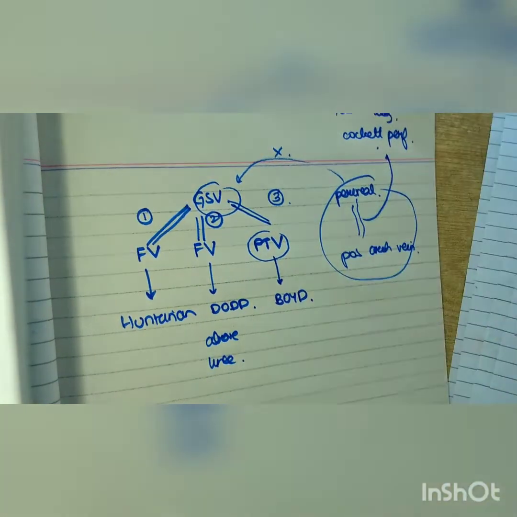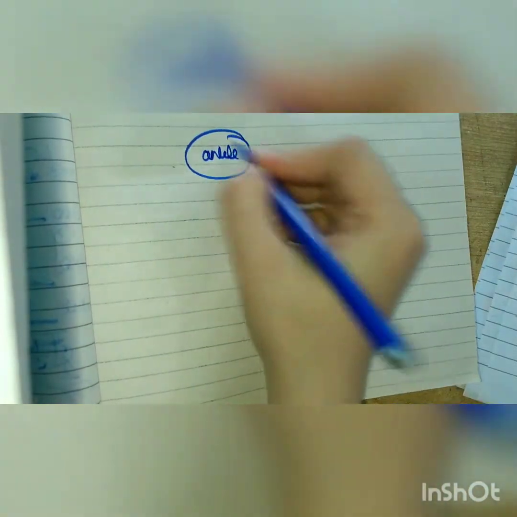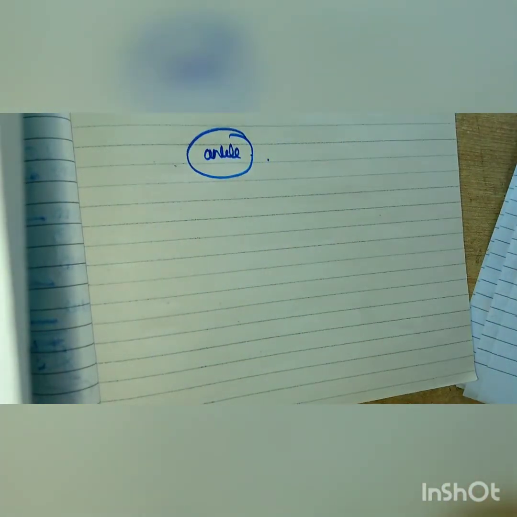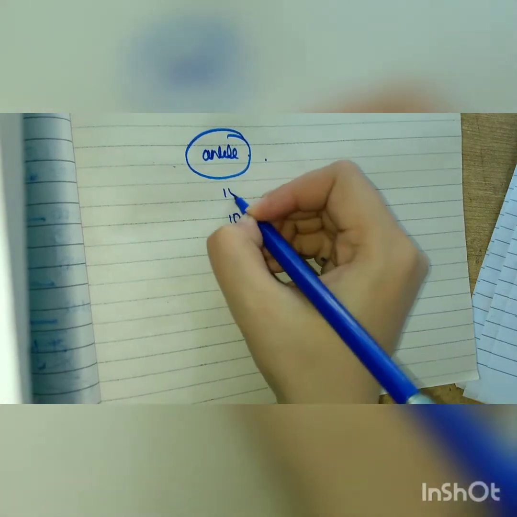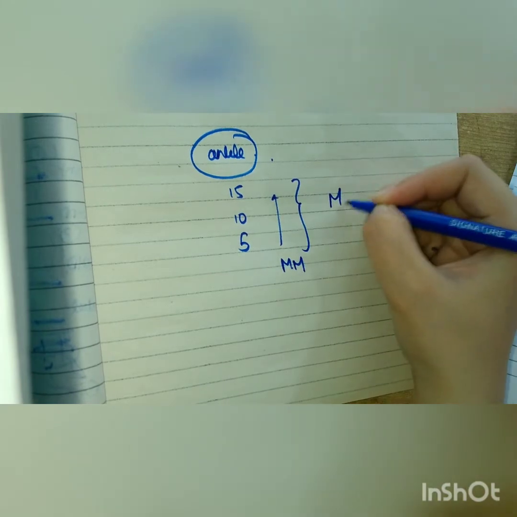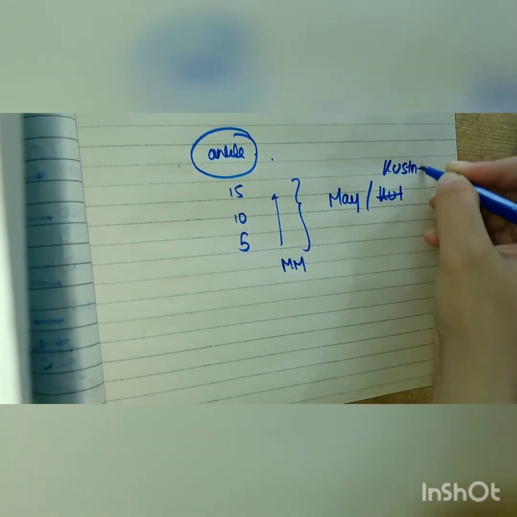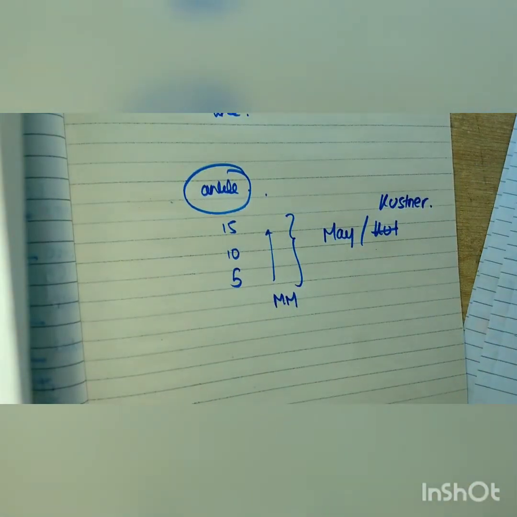Then we had a separate set of perforators which were known as the ankle perforators, and we basically said that they were present at a distance of 5, 10, and 15 centimeter from the medial malleolus, and these were collectively called the May or the Kushner perforators. So these are all the perforators.